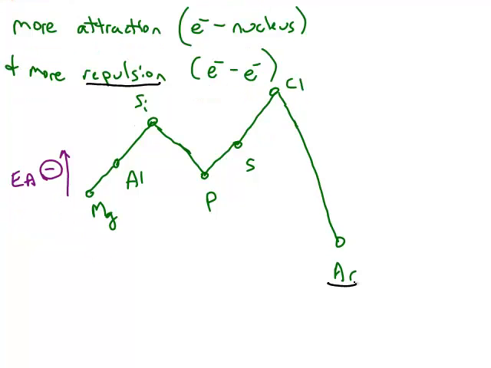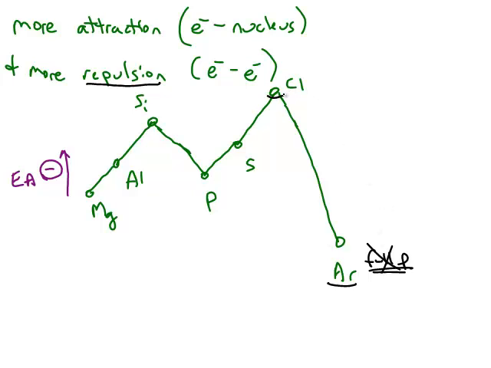Argon is fairly easy to understand because argon has a full p subshell. That's the 3p subshell completely full. Argon does not readily accept another electron, since that electron would have to go into a new orbital, the 4s orbital.